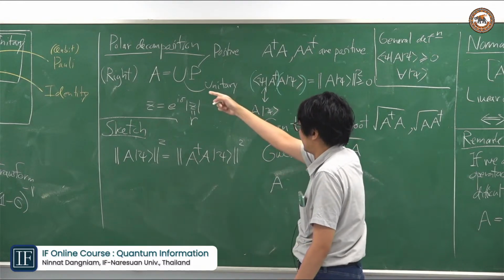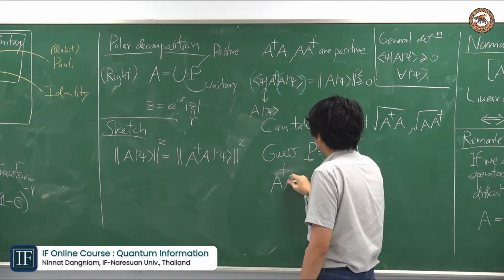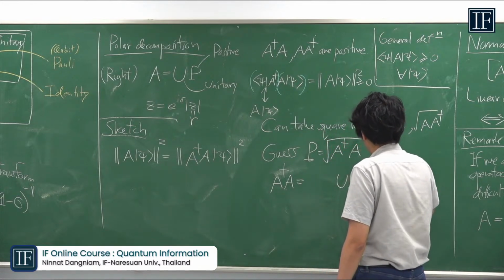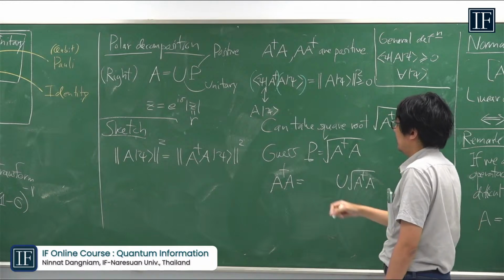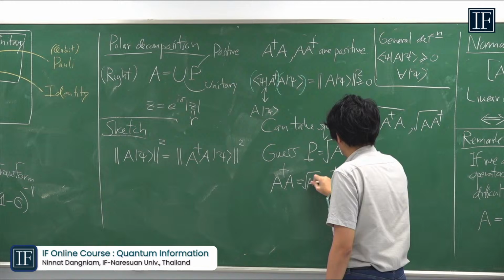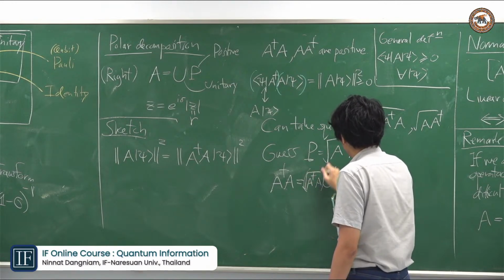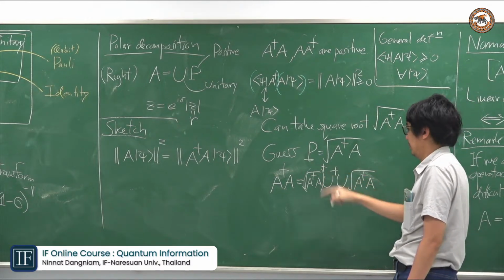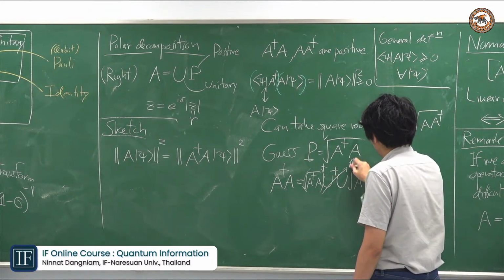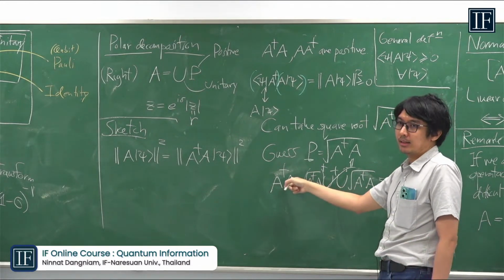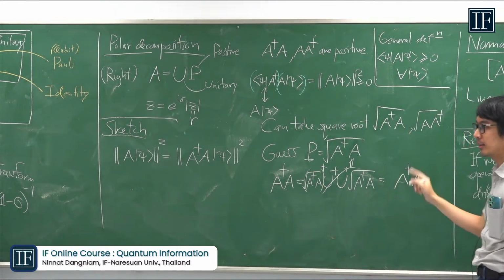Suppose that this is true. Then it would be U times the square root of A dagger A, and then the dagger of the whole thing. But since it's Hermitian, it's the same. So this cancels, and then you get back A dagger A. So they are all consistent.